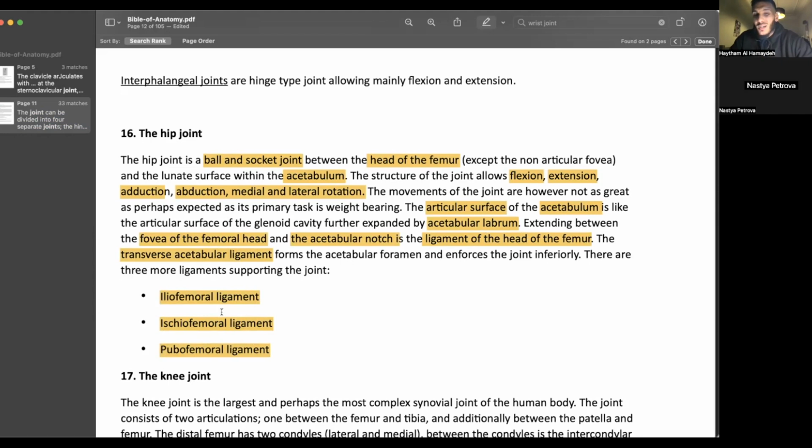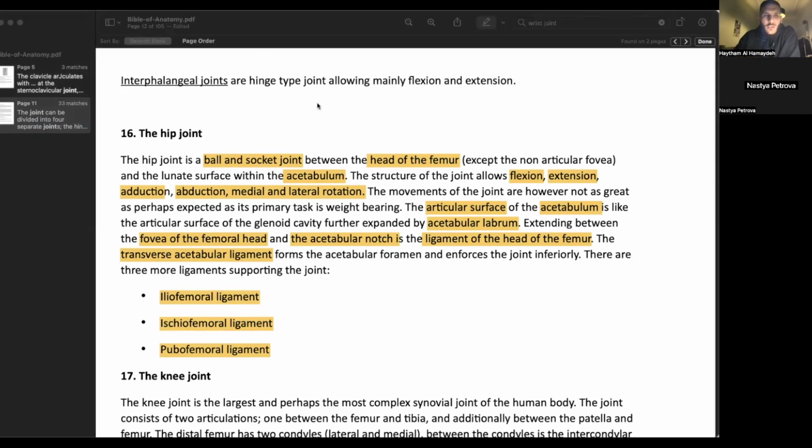Then there are ligaments outside, called iliofemoral, ischiofemoral, pubofemoral. So ilio, ischio, pubo are the bones that make up the pelvic girdle: ilium, ischium, pubis. Let me show you pictures of it.